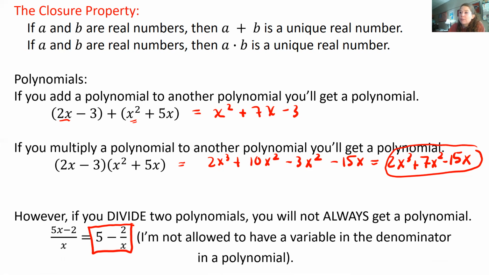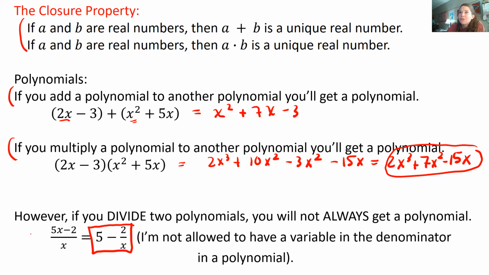When we go back and look at polynomials, we're not allowed to have a variable in the denominator in a polynomial. So the closure property is true for all of these statements up here. However, division is not included in the closure property.